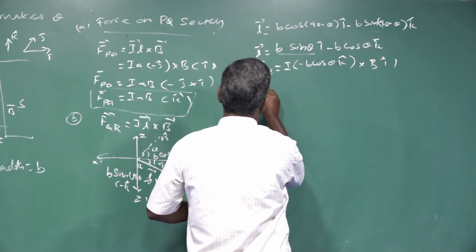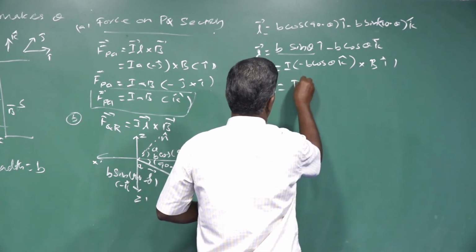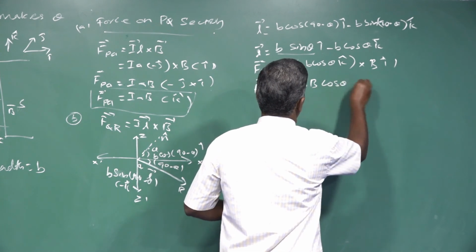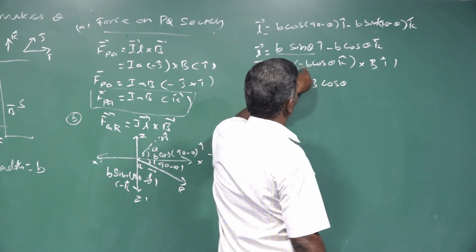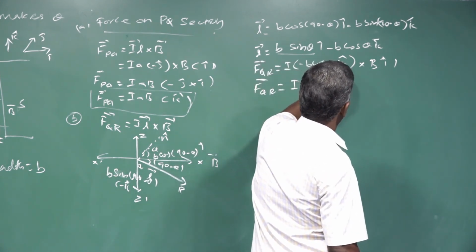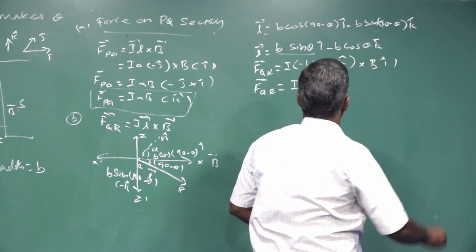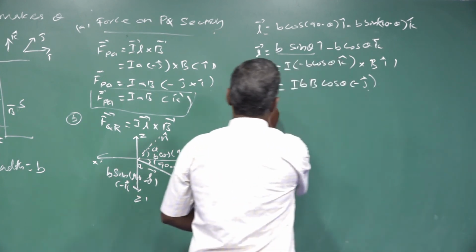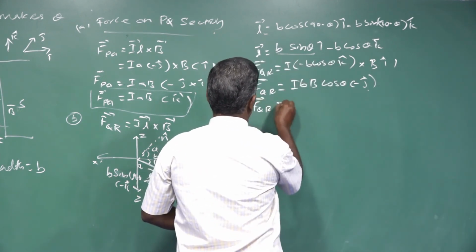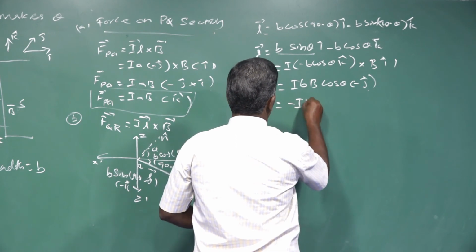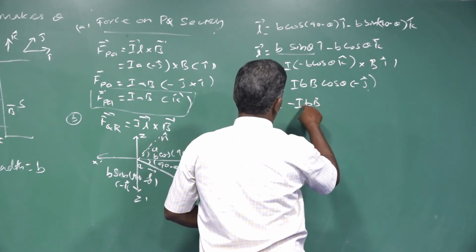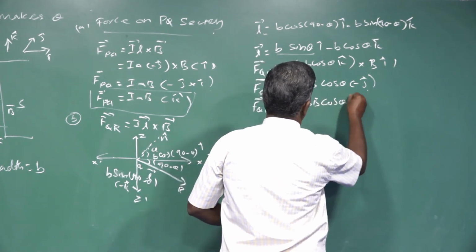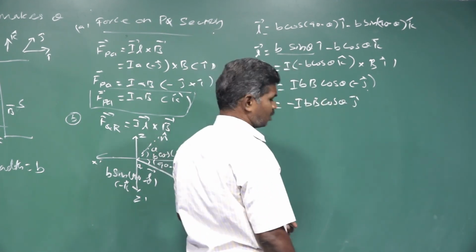That's why F QR vector equals I b cos theta into minus k cap cross i cap, which becomes minus j cap. So F QR vector equals minus I b B cos theta into j cap, where b is the small b. That is the force on the QR side.